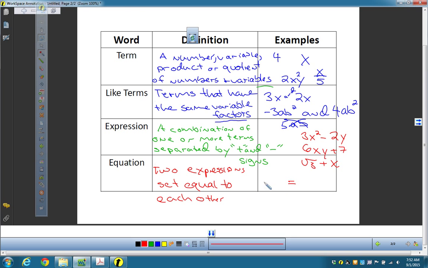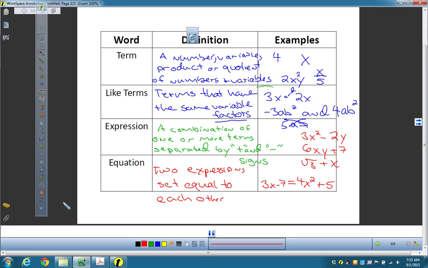For example, 3x minus 7 equals 4x squared plus 5. That's called a quadratic equation, which you'll learn about later, or you probably already know. Okay? So that's the definitions.